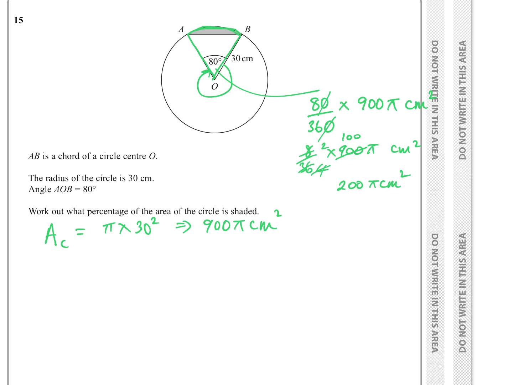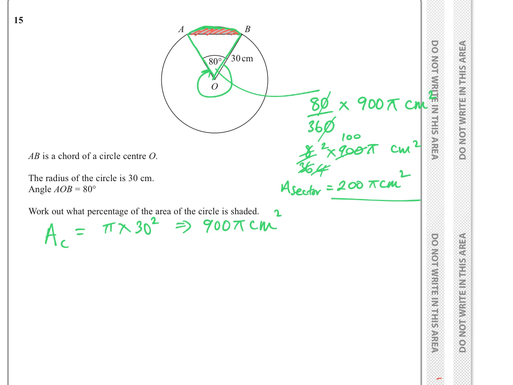Now, if you use the calculator and put pi in there, you'll be at a decimal at this point, and that's probably fine, but I'm just going to leave it all in terms of pi. So that's the area of my sector. Now I want to find the area of the segment here, this little part here.